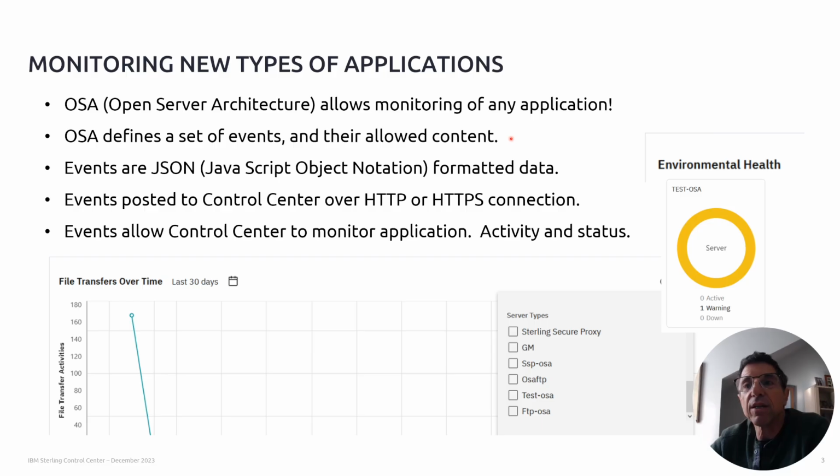And these events allow Control Center to monitor an application, both activity and status. You can tell it about types of applications that Control Center doesn't know now, and they'll appear in your environmental health on the dashboard and in the file transfers over time. You can see your new server type appear. It's fairly powerful.